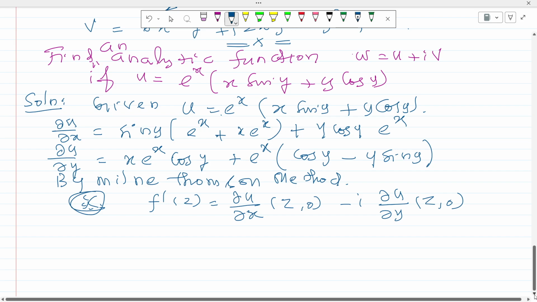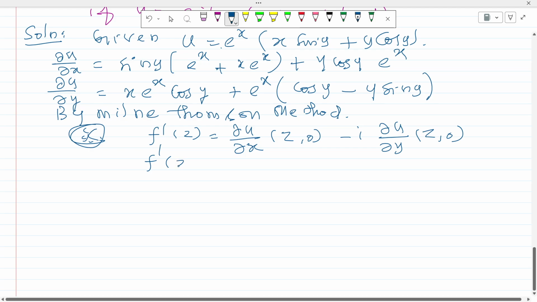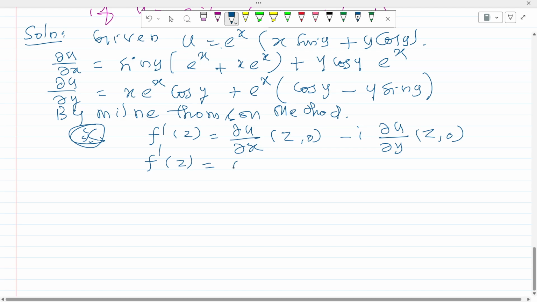Now substitute the values, taking z comma 0 here. Then what do you get? F dash of z equal to, in dou u by dou x, substituting, the first one is 0.